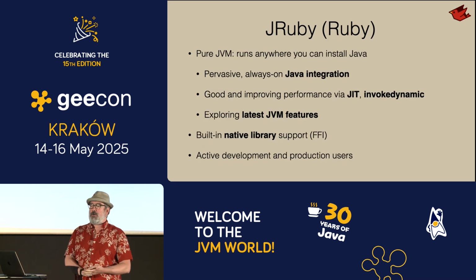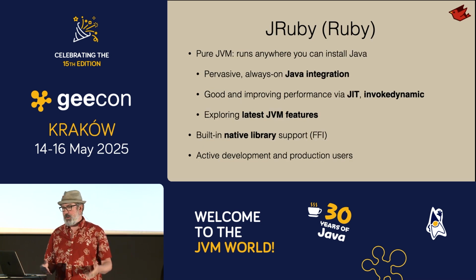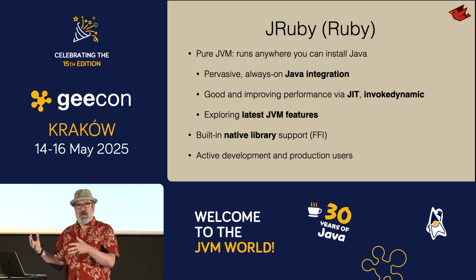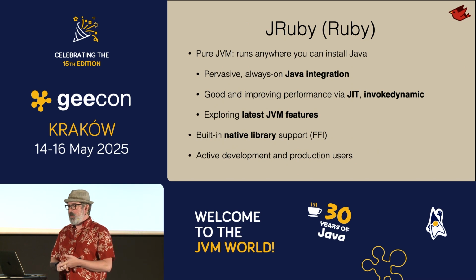So our model for most of the discussion today will be JRuby. This is a pure JVM language. We run on any JVM. All of the ones that I listed work very well with JRuby, and we have had users on all of those platforms, including a lot of weird ones. We have always on, always available Java integration. Ties in Java libraries so you can call them directly from Ruby.